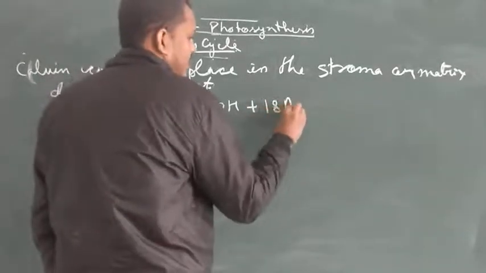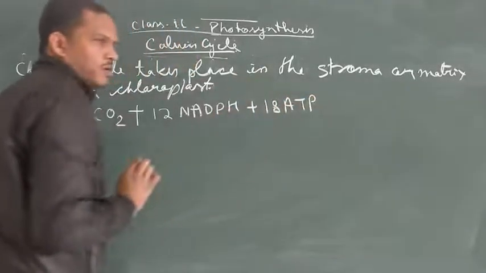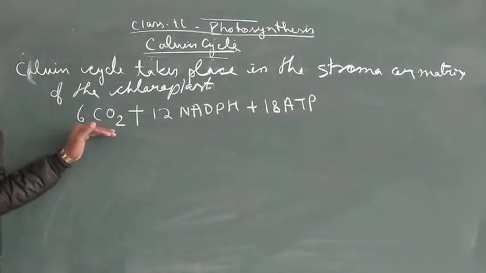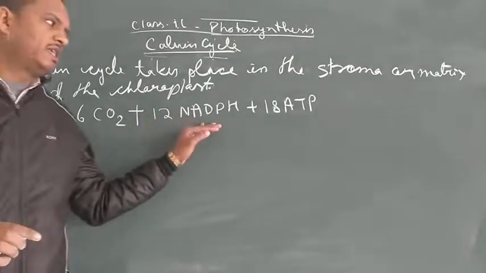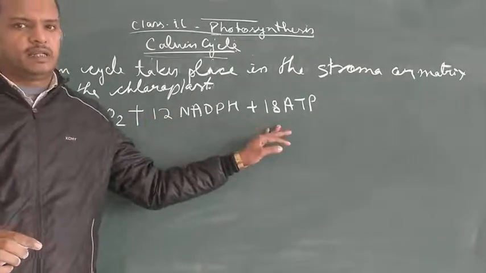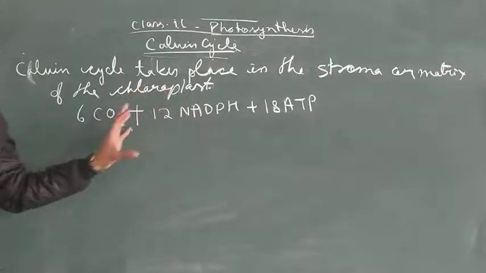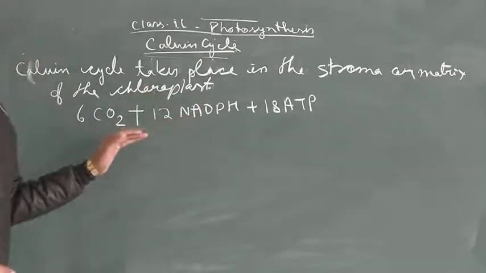How many? 6 molecules of carbon dioxide, 12 NADPH and 18 ATP are required. These are the raw materials.